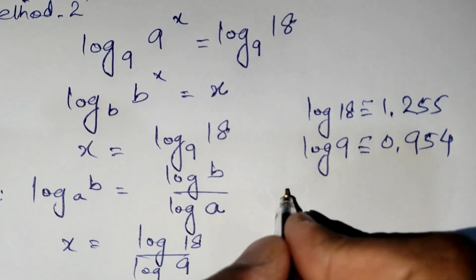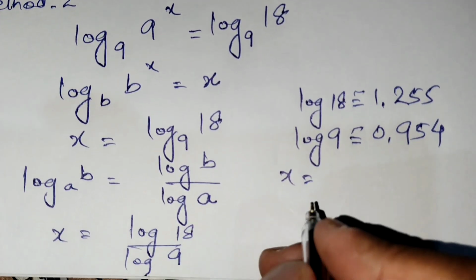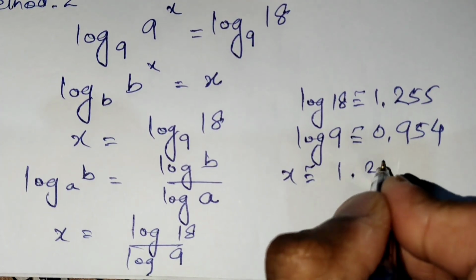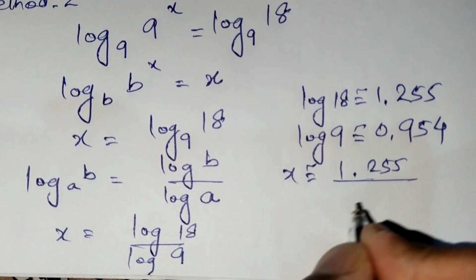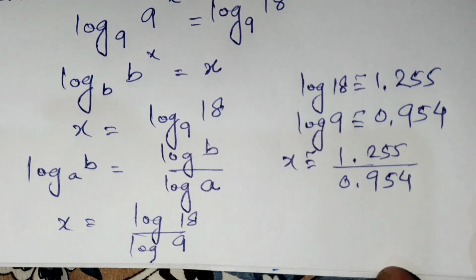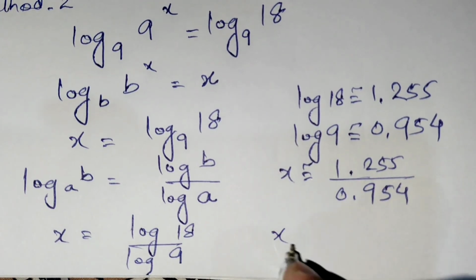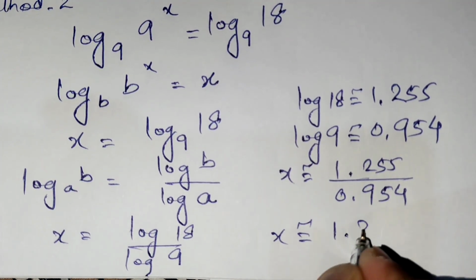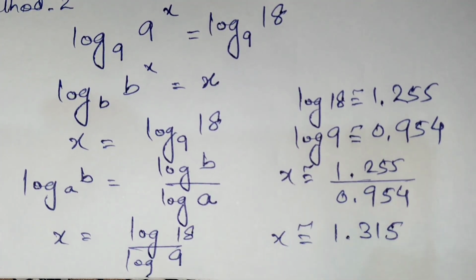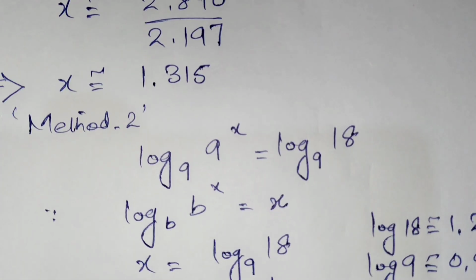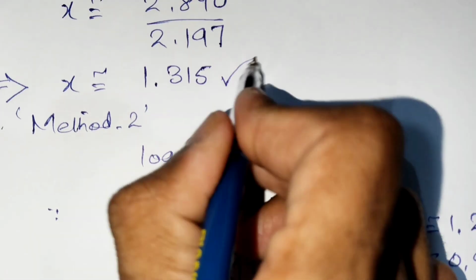So by putting these values, x will be approximately equal to 1.255 divided by 0.954. So x will be approximately equal to 1.315, which is the same value of x as in method 1.